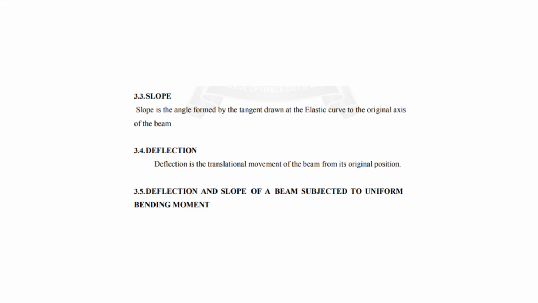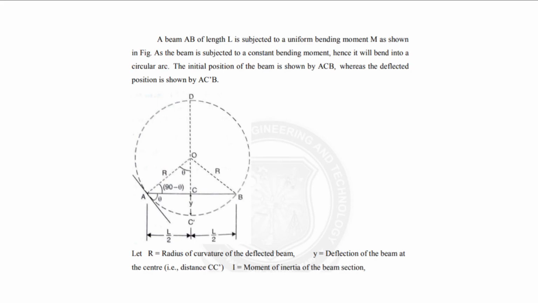And deflection and slope of the beam subjected to uniform bending moment. So here the conditions. A beam AB of length L is subjected to a uniform bending moment M as shown in figure. As the beam is subjected to constant bending moment, hence it will be bent into a circular arc.